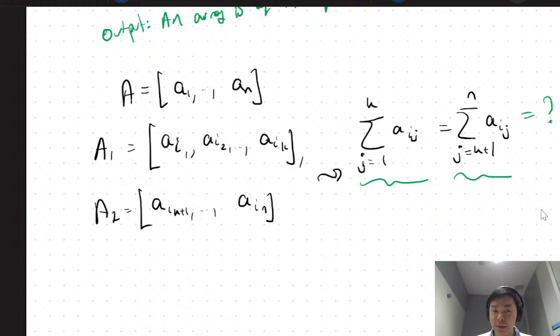Just the fact that we know that they sum to the same integer should already tell us what that value is. So we don't even need to know a priori what A1 and A2 are, right? Because the only way for this to happen is what? So what do we think the number is? It doesn't have to be an integer.